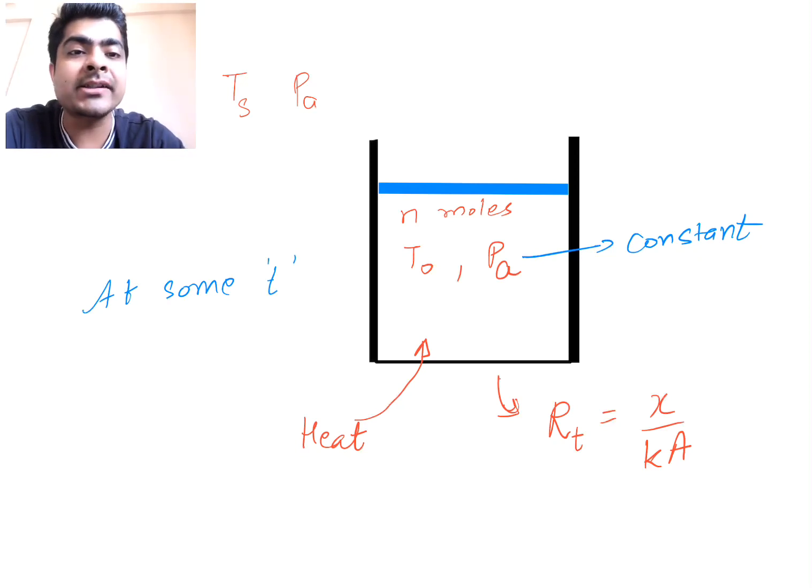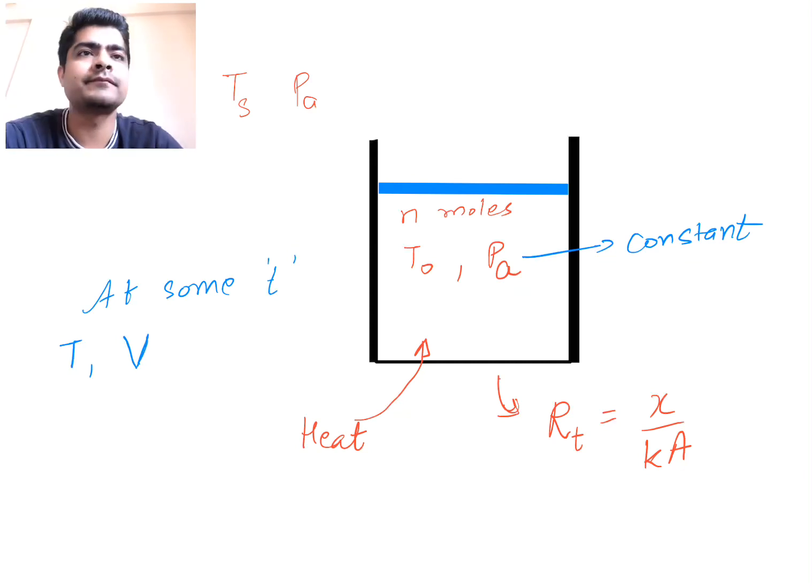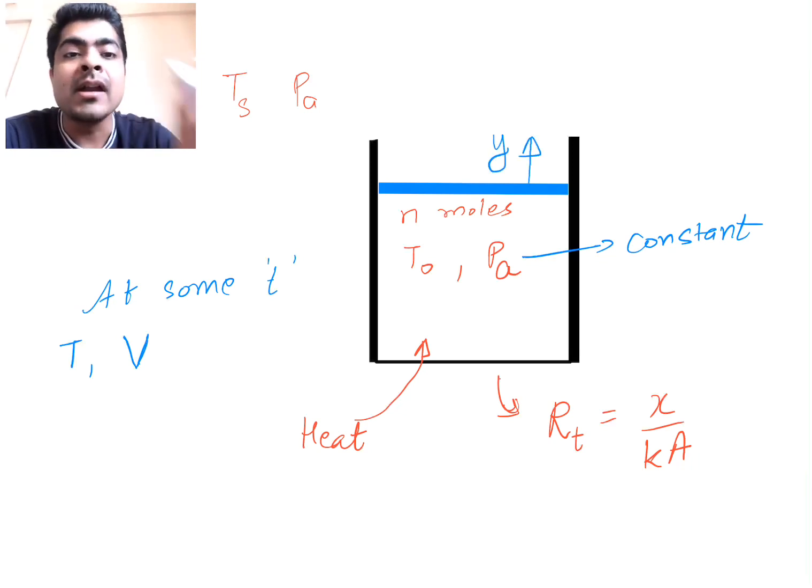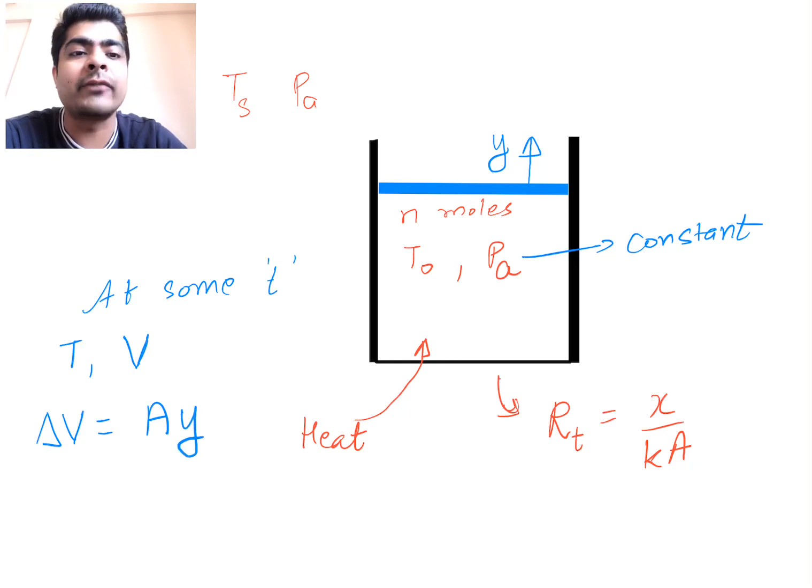So let's say the temperature is T and the volume is V. The volume will change because the piston will try to expand. So let's say the piston goes up by a height y. So change in volume, delta V will be what? Area into height y.